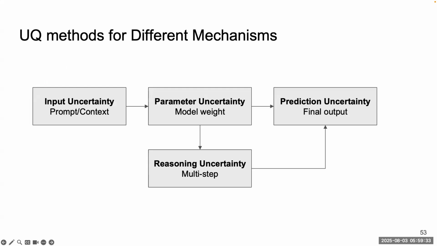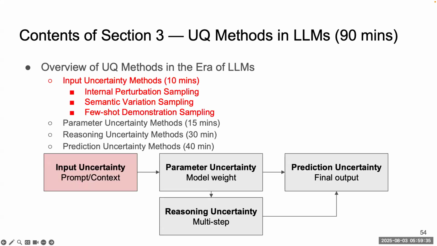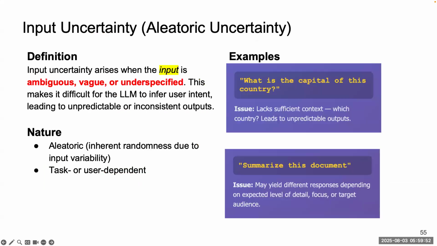So the first category we're going to cover is the input uncertainty, where people manipulate the inputs or the context to the model so that they get different outputs, and then they calculate the divergence between the outputs. The definition of input uncertainty is basically the uncertainty coming from the model input itself.